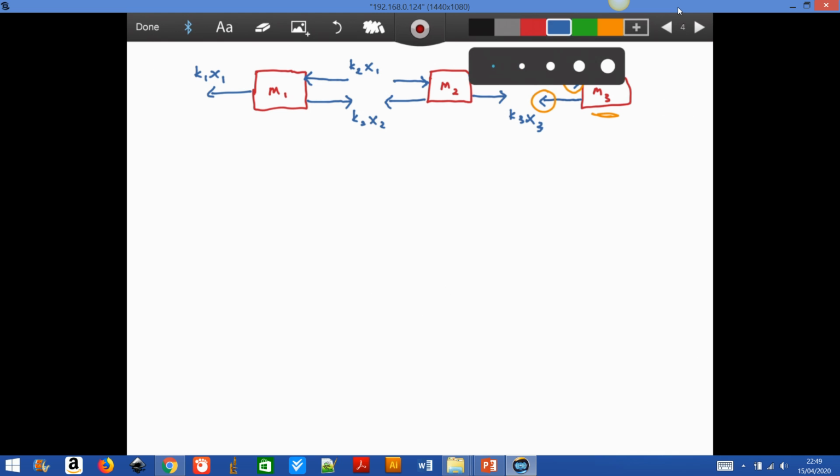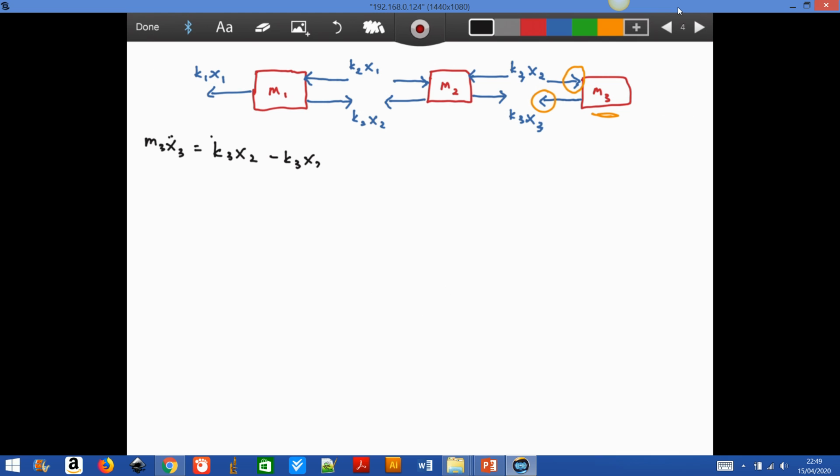So for the third mass, m3 x double dot 3 equals k3 x2 is positive because it's moving to the right, minus k3 x3. So bring everything to the left: m3 x double dot 3 minus k3 x2 plus k3 x3 equals 0.